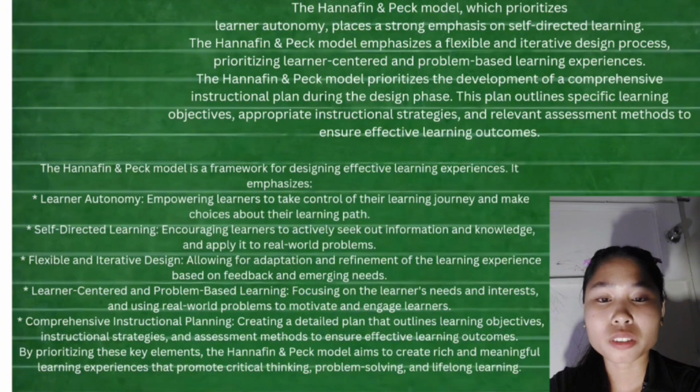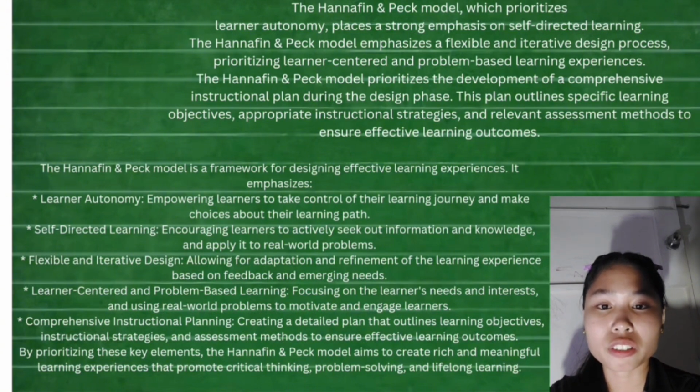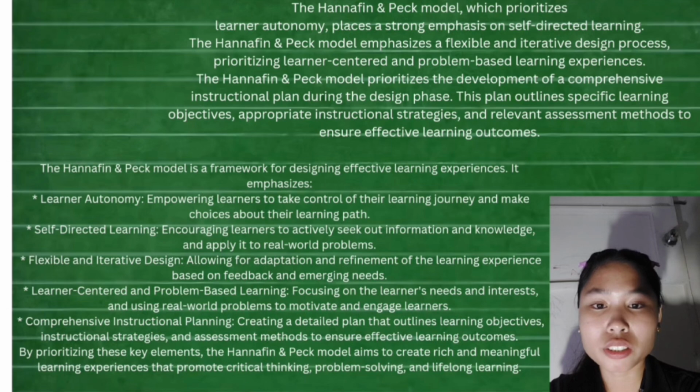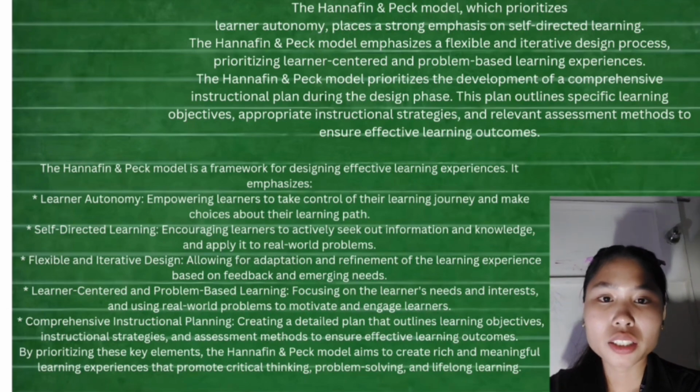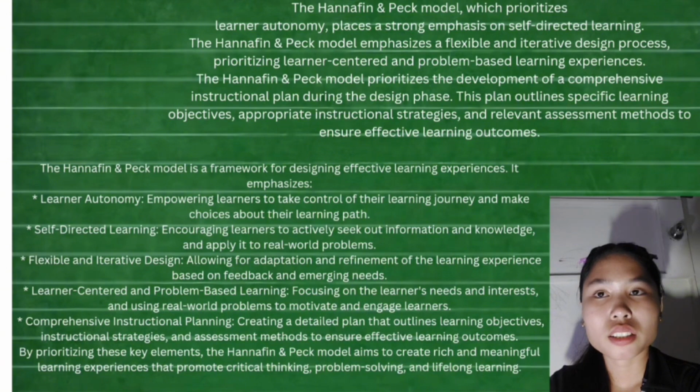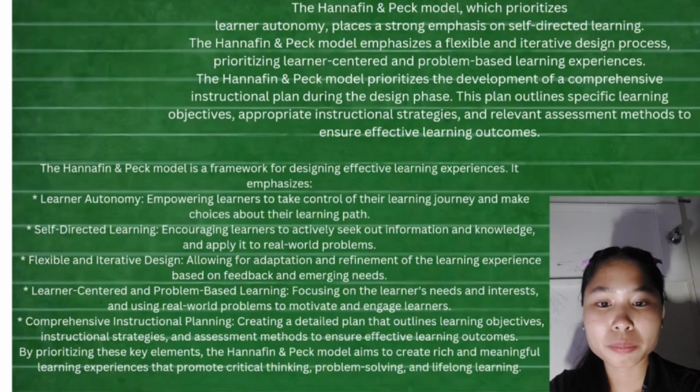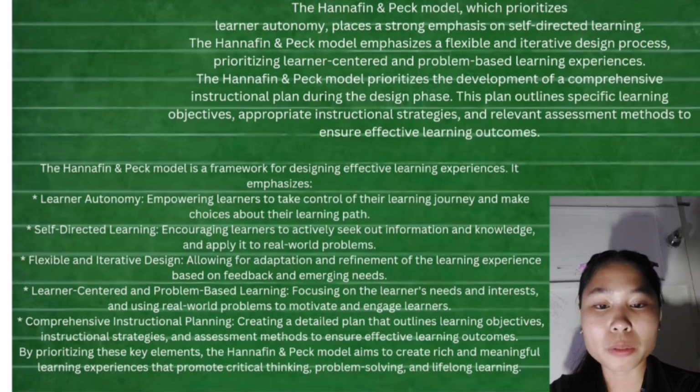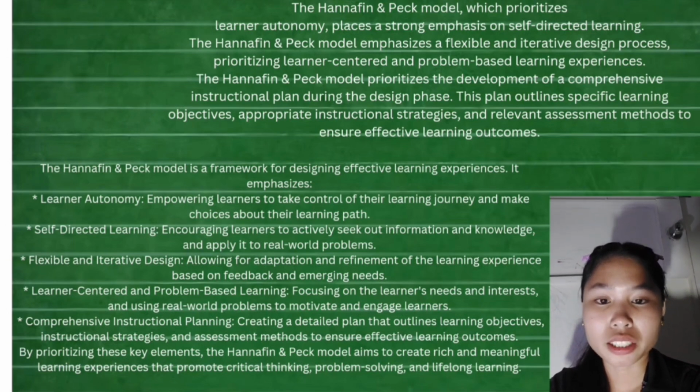So, itong learner autonomy, mas inaano nila yung mga learner para makontrol at natutunan pa yung mga bagay-bagay sa paggawa ng choice about sa learning path na ating susundin.